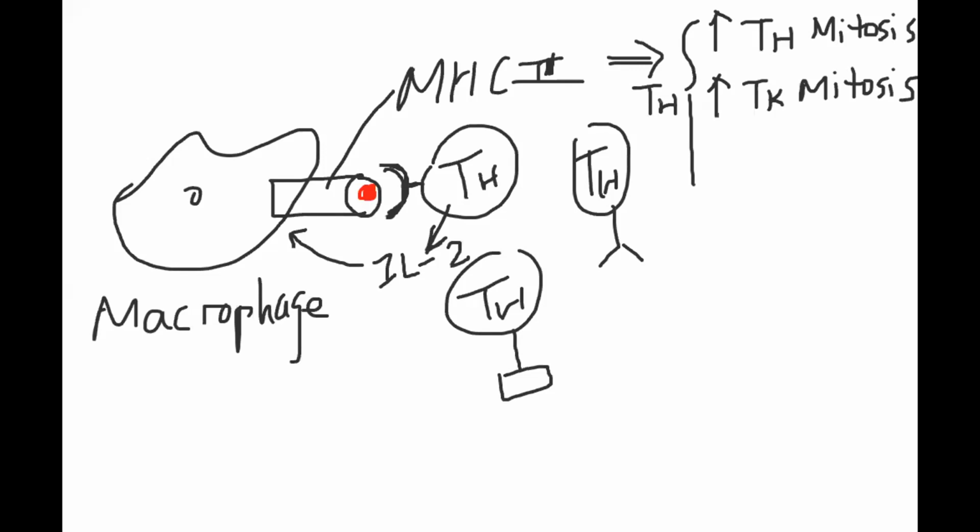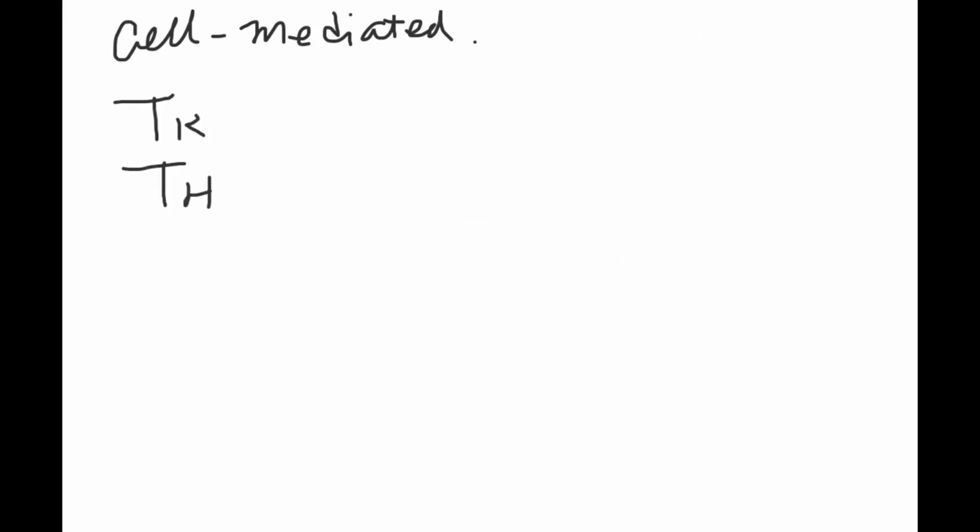Okay, so once you have more T killers, then you can use all these T killers in the circulation to take care of all the cancerous cells. You got it? So in this cell-mediated response, you need to have T killer, you need to have T helper, you need to have APCs.